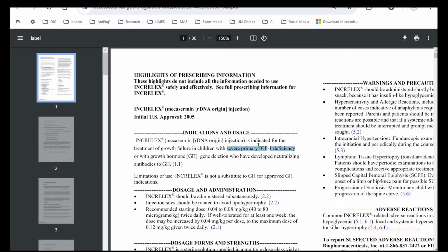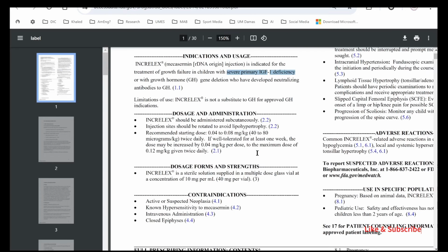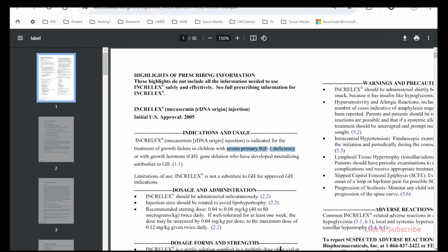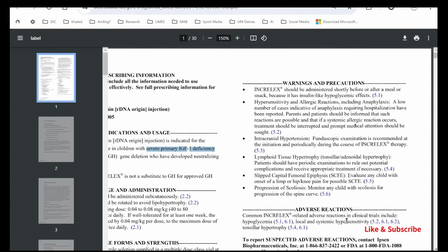Okay, again, what else do we need to remember about this medication? About the risk of hypoglycemia. Okay, so you can see here warnings and precautions.